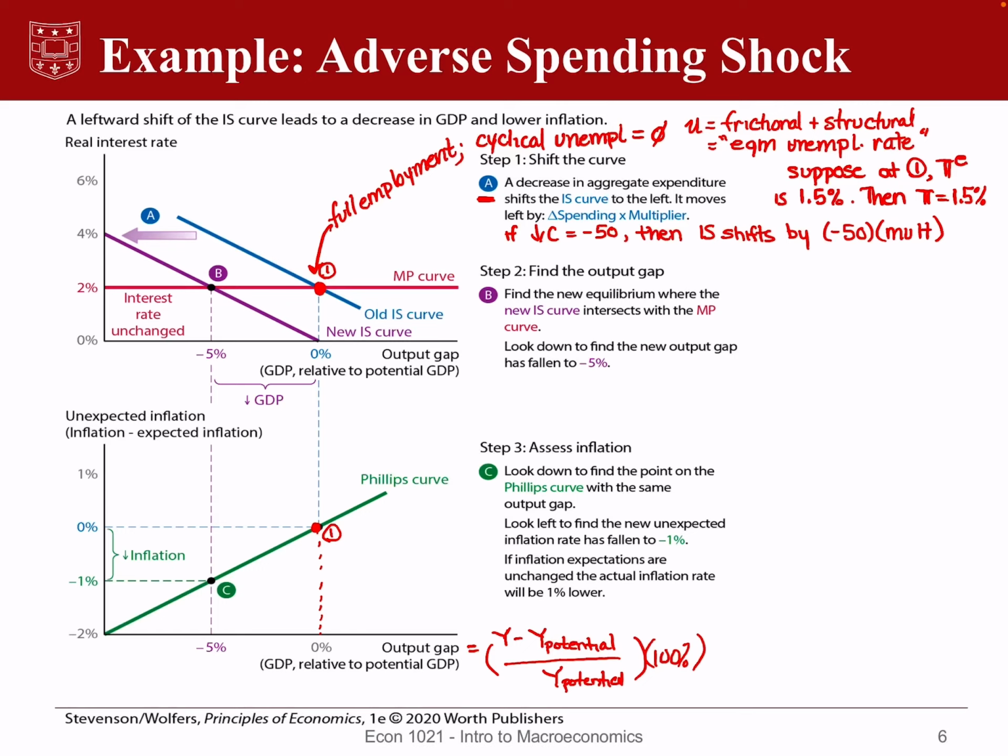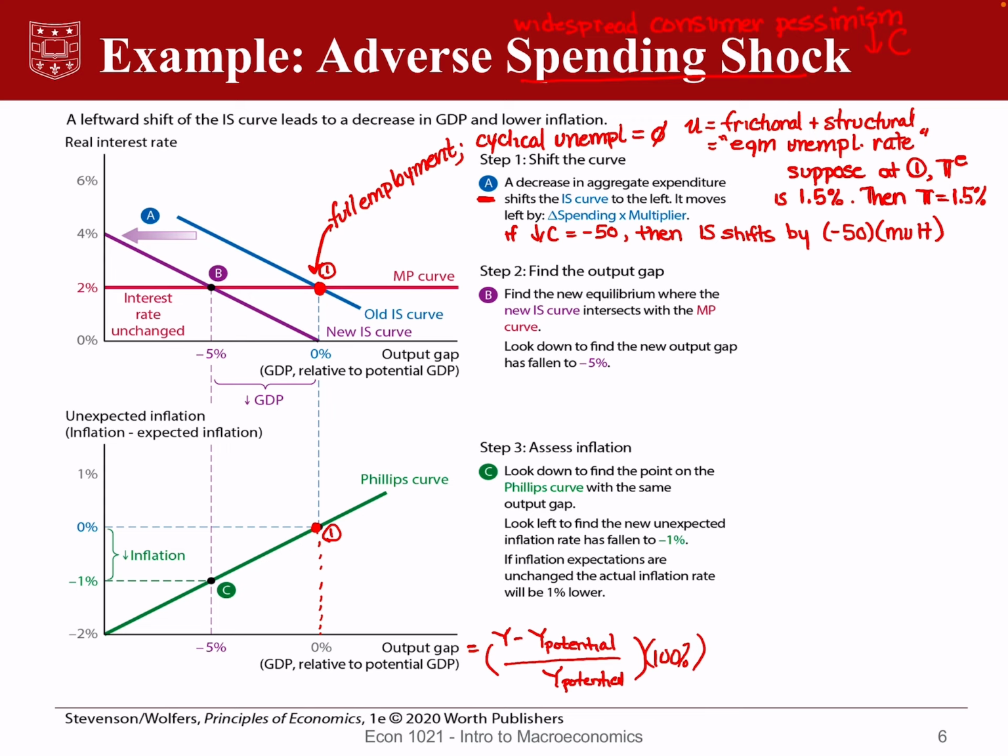The first thing that happened is we have this adverse spending shock, meaning we have a decrease in consumption, or, say, widespread consumer pessimism. Step one, what happens? That reduces aggregate expenditure. The IS curve is going to shift to the left.